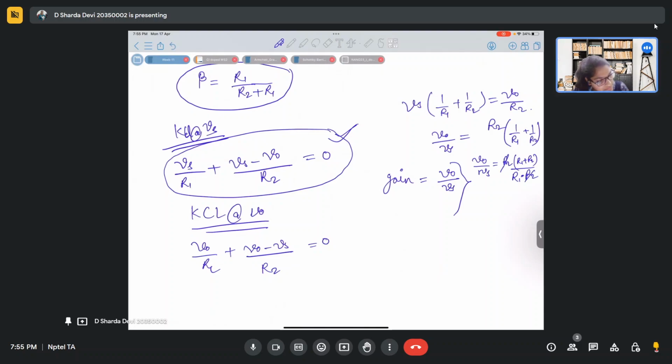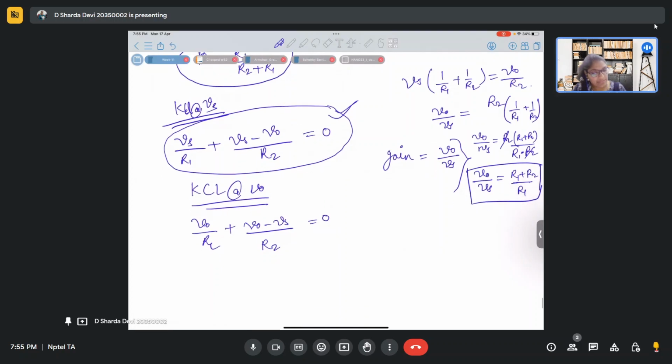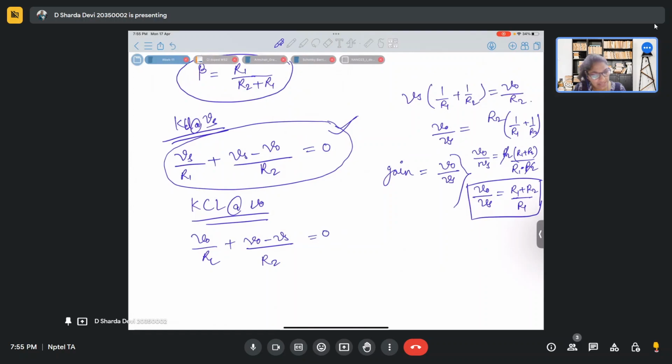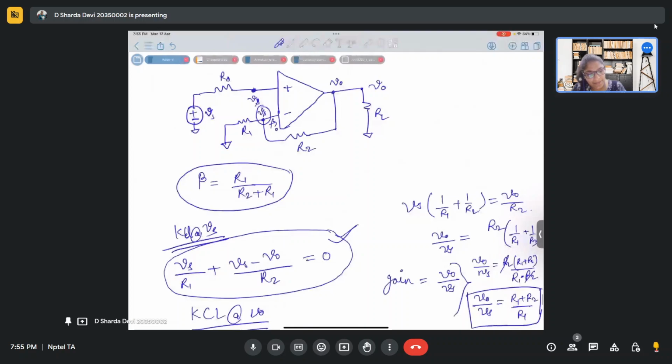This gets cancelled. So V naught by Vs is (R1 plus R2) by R1. This is the gain that we are getting, V naught by Vs. This is the forward gain, right?